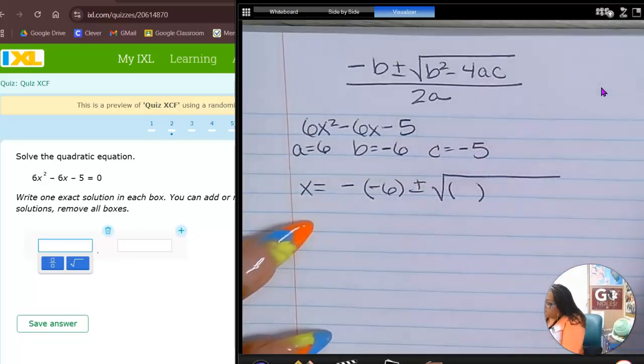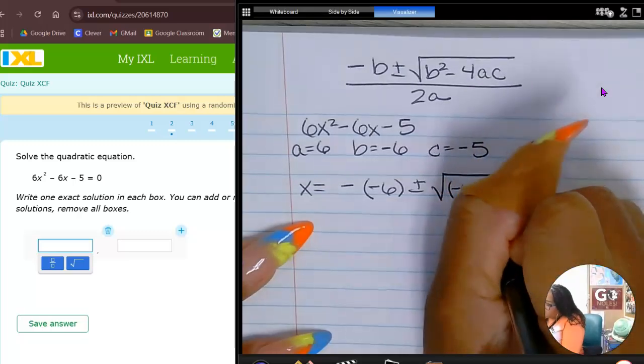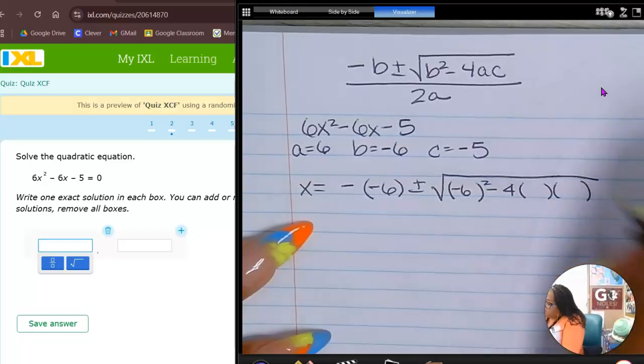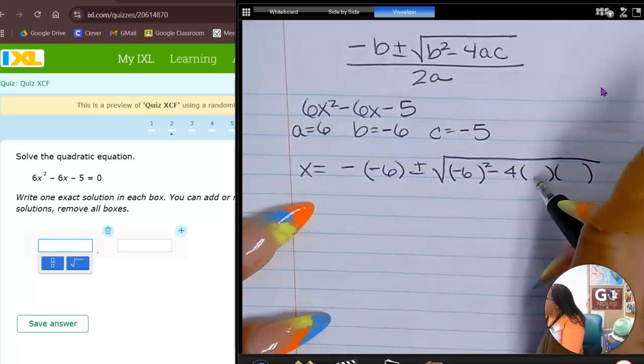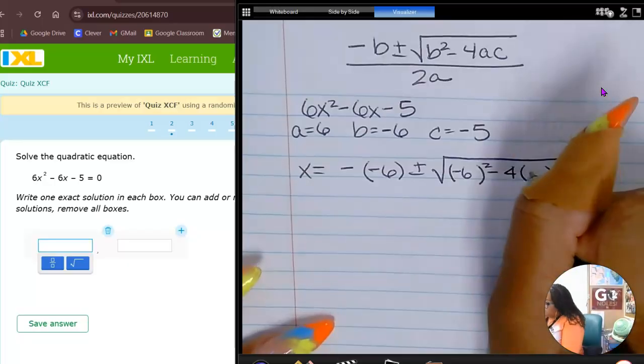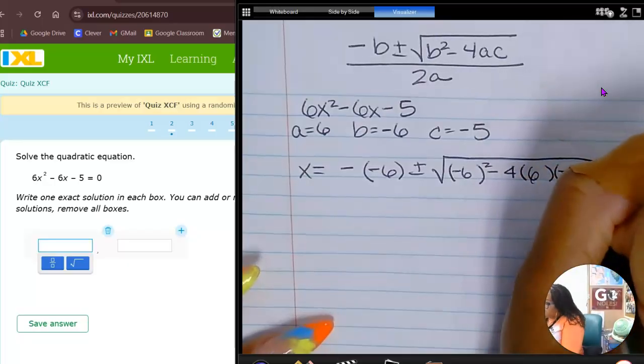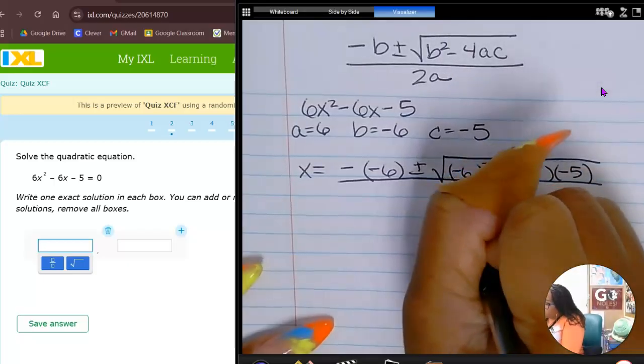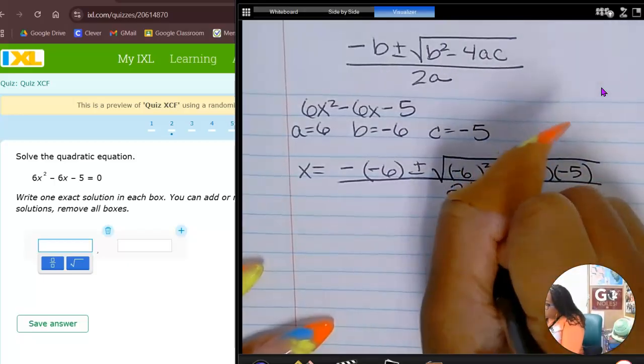Who goes under here? -6 squared minus 4 parentheses. Who goes in the parentheses here? 6 and -5. And then everybody should be divided by 2 times 6.